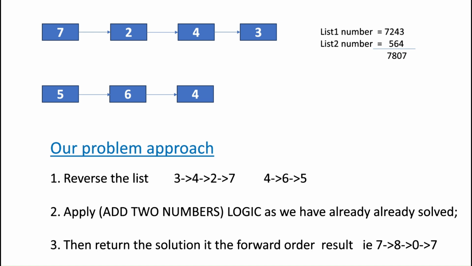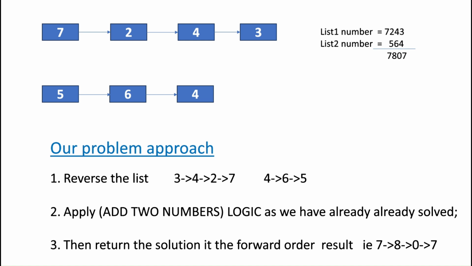They give list 1 like this and list 2 like this. That means our number is 7243 and the other number is 564, and we have to return the sum of them in linked list order. They asked for the addition operation.